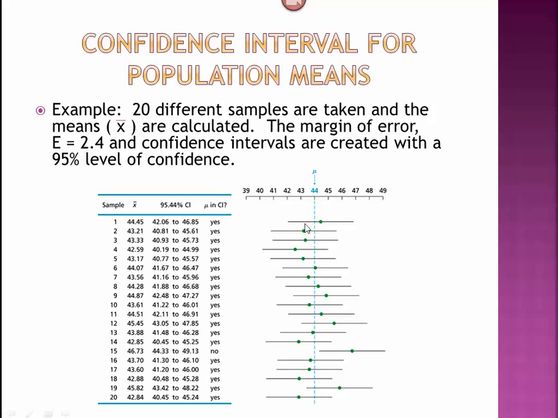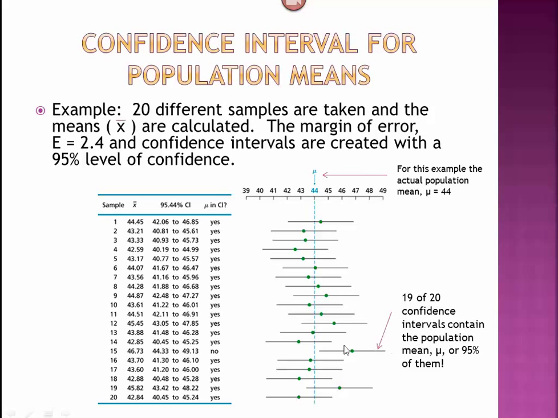The intervals, however, if we extend to the left and to the right, we can see that within these intervals, almost all of these samples, once we created the intervals, contained the true population parameter, with one exception. This one right here.